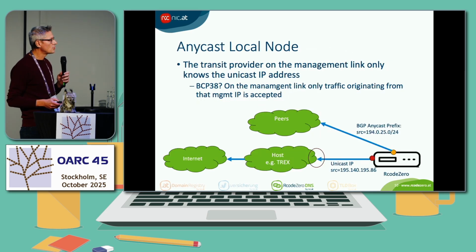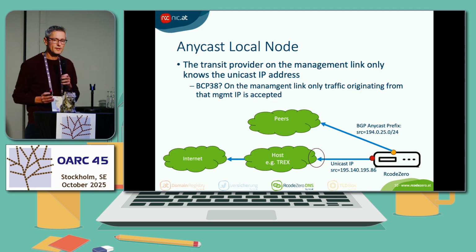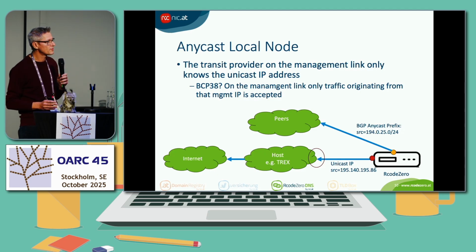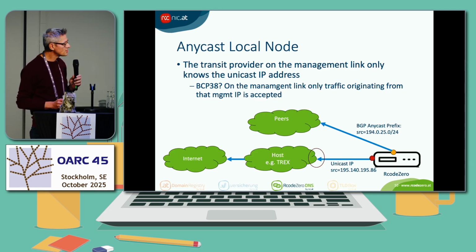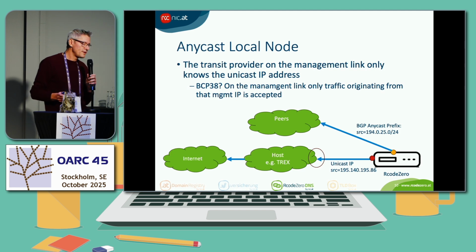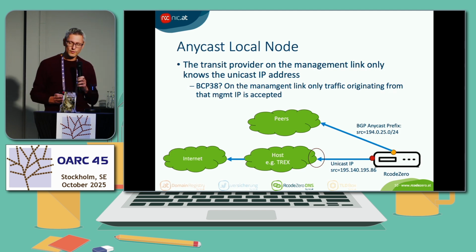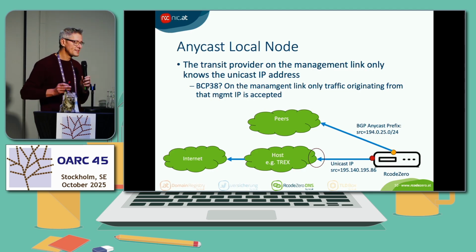In that case, the server usually has 2 network interface cards. One is used with the unicast IP address exclusively for the management of the server, and the second interface card is directly connected to the internet exchange. It is only used for the DNS routing. So that means that we can send DNS traffic only from and to the internet exchange.